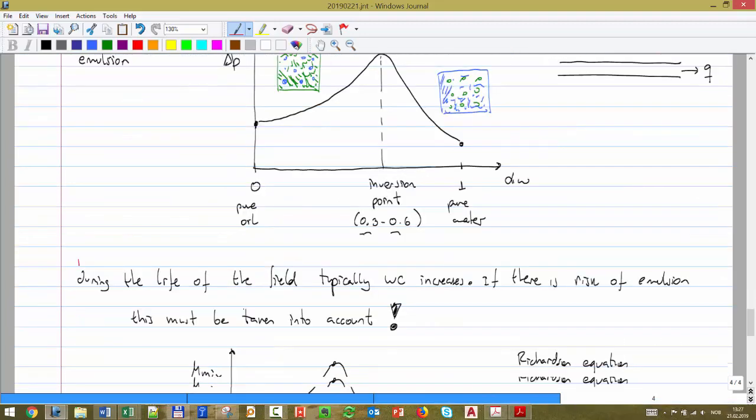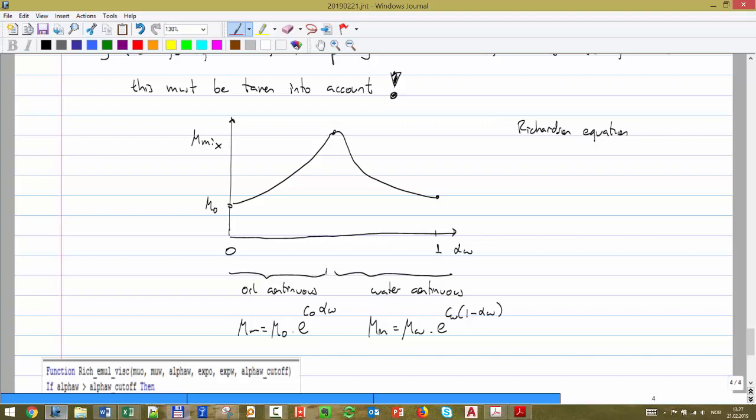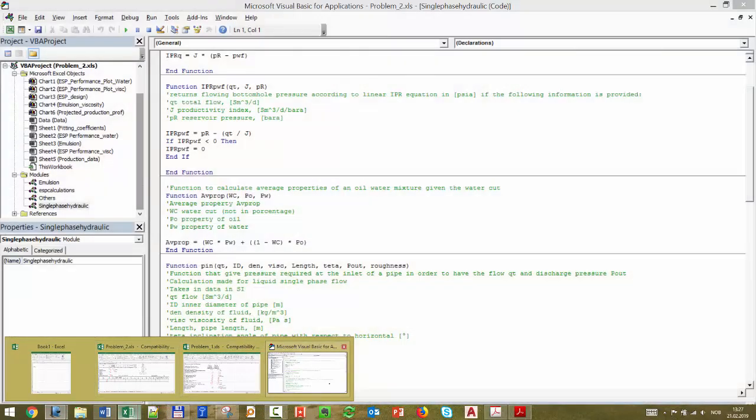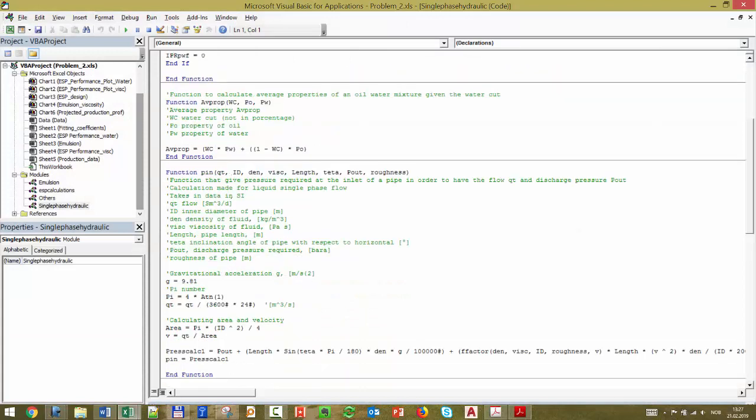Okay, and then the Bernoulli equation with the losses, I think they're also here. You have P in, P out, you have to give the angle to calculate the elevation.